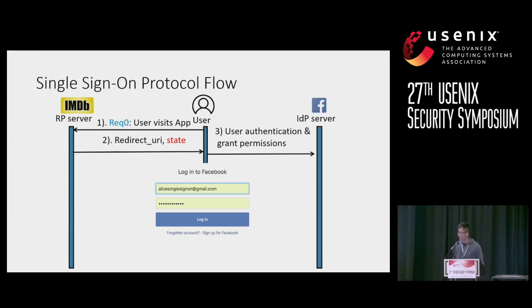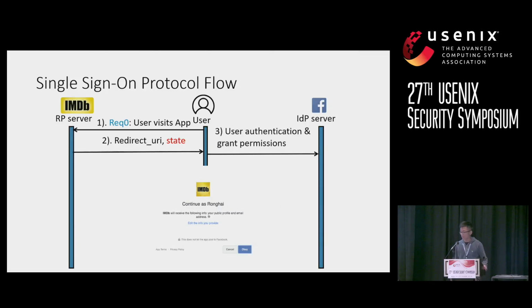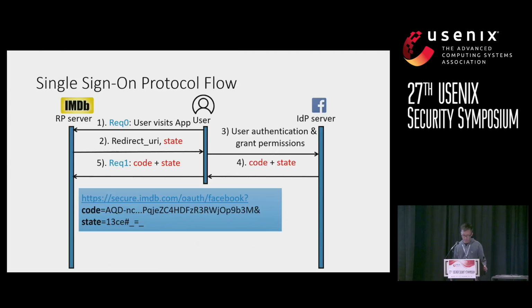And in this step, the user is authenticated to Facebook and grants some permissions to the RP server, like the public profile and the email address. Then the IDP will return a code, which is an intermediate proof of identity, to the RP server by this user.